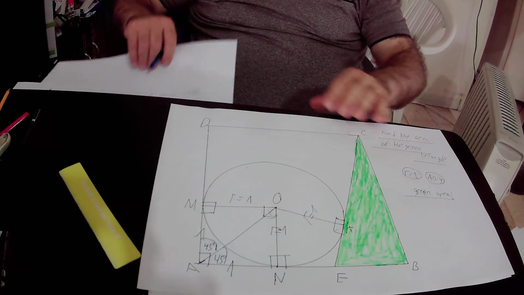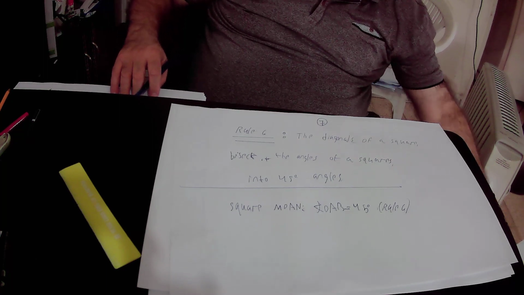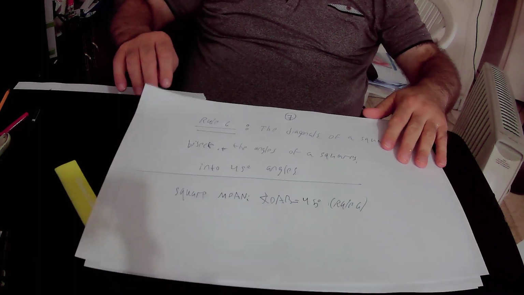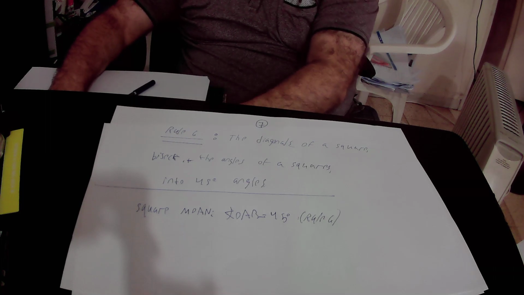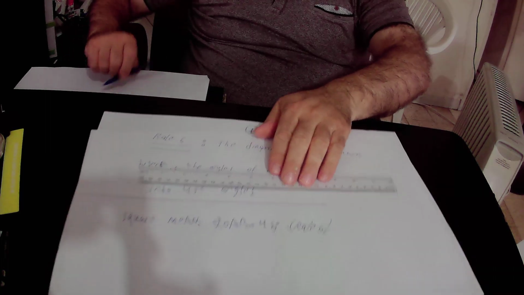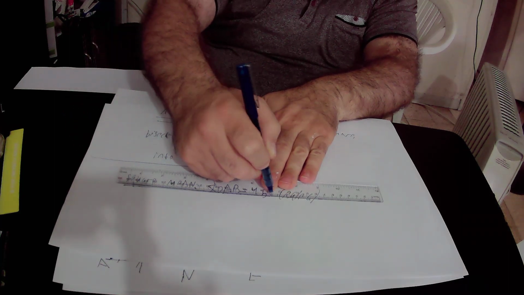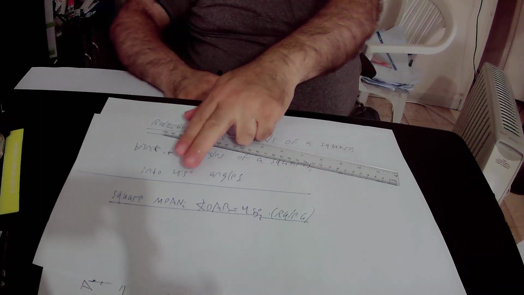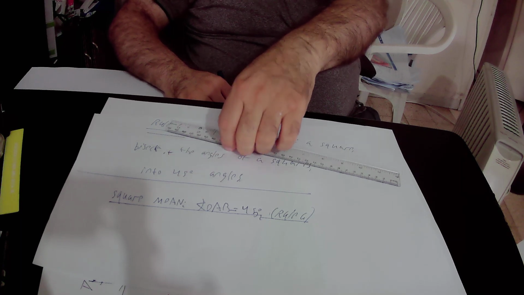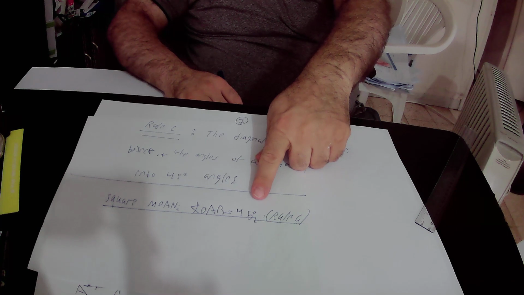So I will repeat again. Angle, if you relate to square MOAN, then according to rule number 6, angle OAB equals 45 degrees.